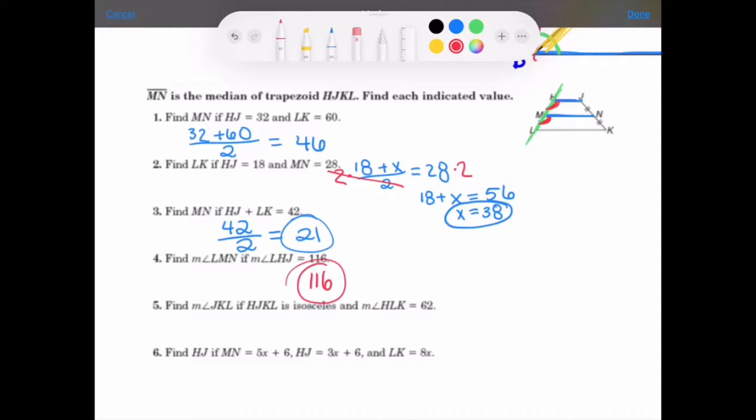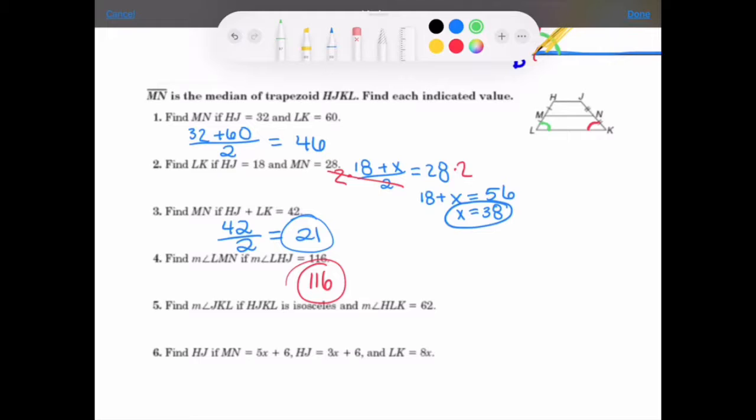All right. So moving on to number 5. Find the measure of angle JKL, which is right here in red, if HJKL is isosceles and the measure of angle HLK, right here, is 62.